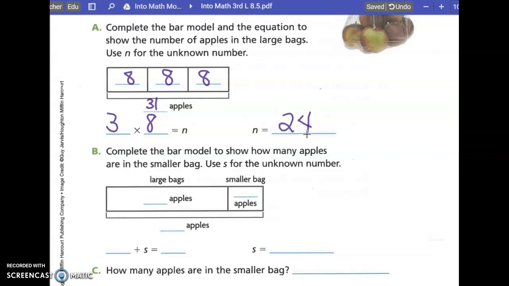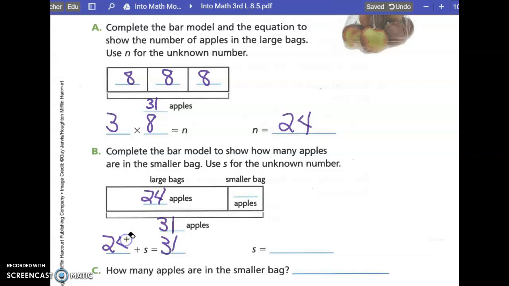Complete the bar model to show how many apples are in the smaller bag. Use S for the unknown number. Now, S, remember, is our small apple bag. So how many apples are in the large bags? 24. Okay, and there were 31 altogether? So our 24 plus S equals 31.